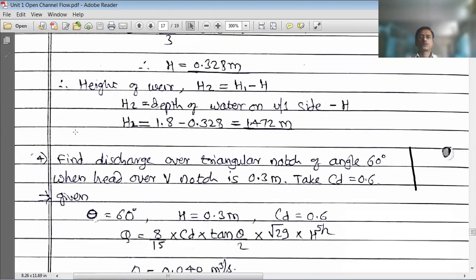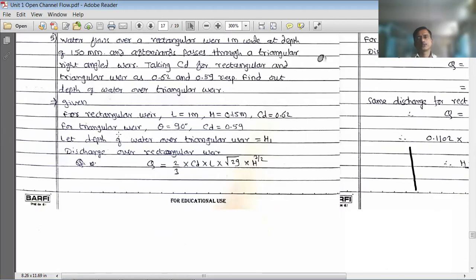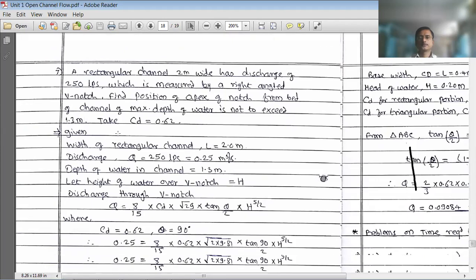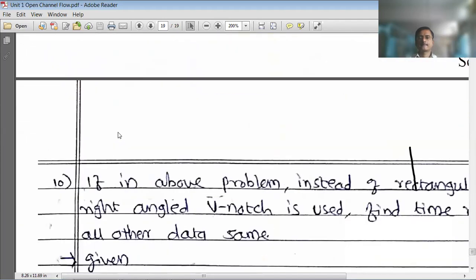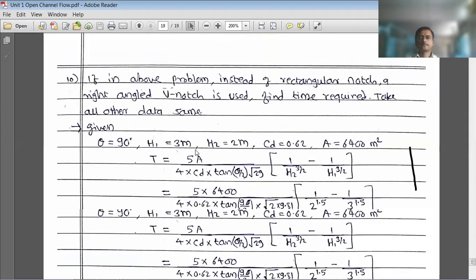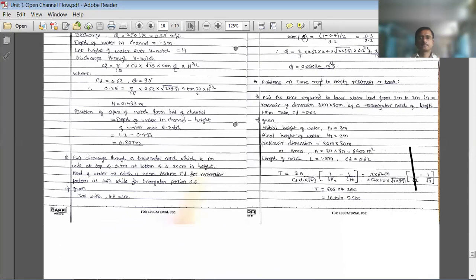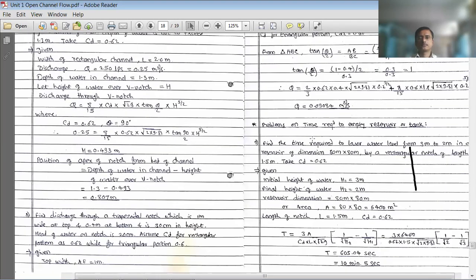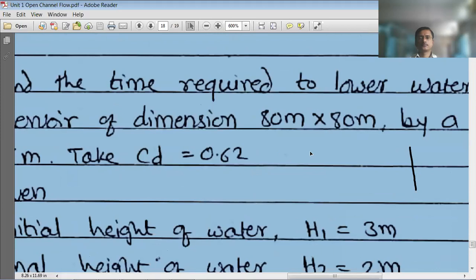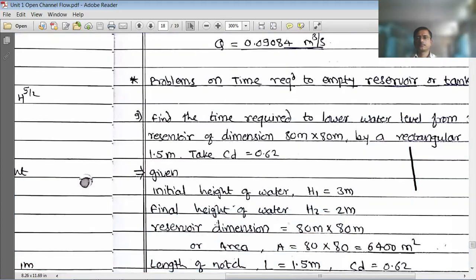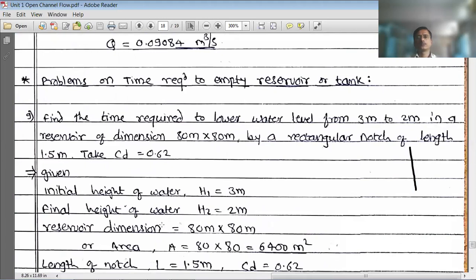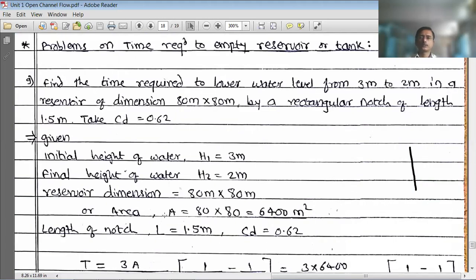Now let us solve problem based upon this theory. Write down the problem.